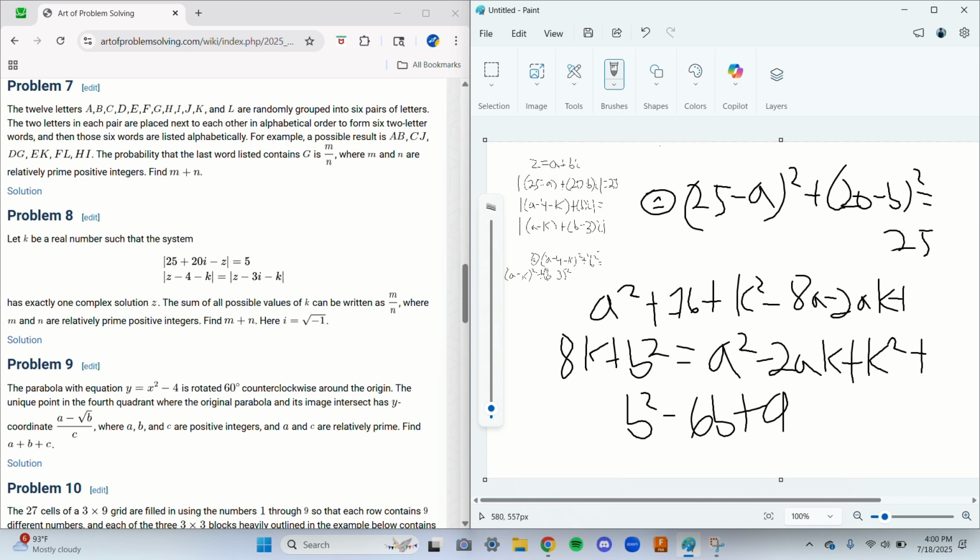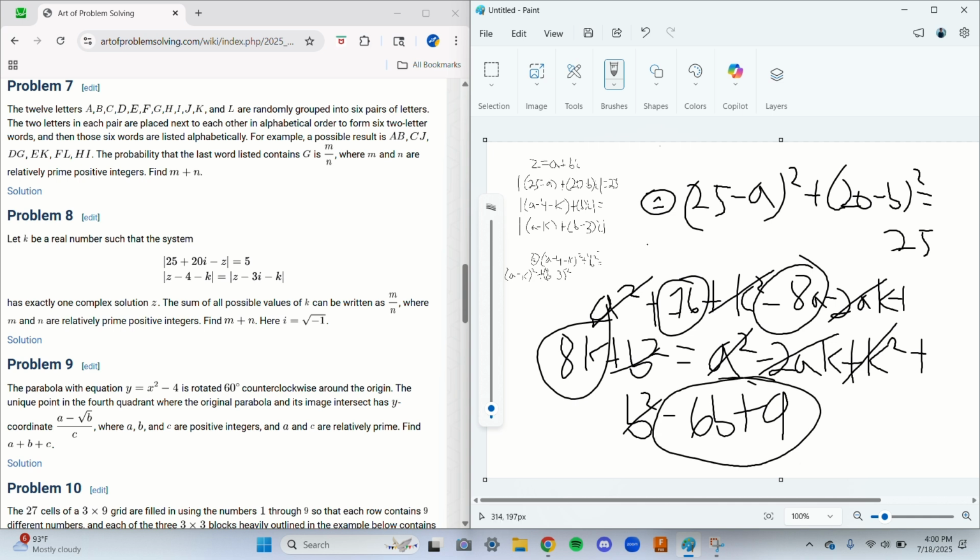So many things cancel out now. A squareds cancel out, k squareds cancel out, the 2ak's cancel out, and even the b squareds cancel out. We're left with just these terms: 16 minus 8a plus 8k equals negative 6b plus 9.